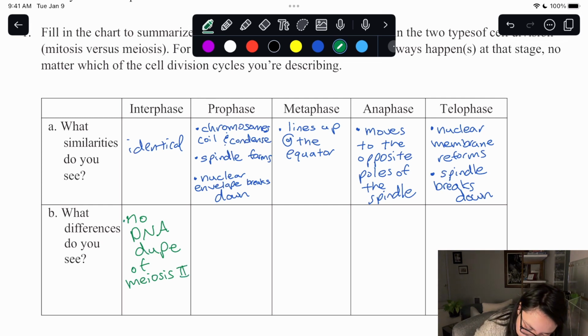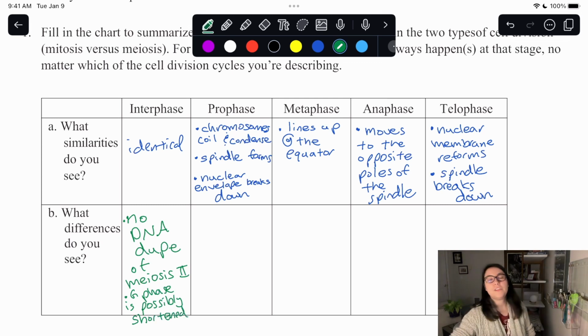Another thing that is a little different is that the G phase is possibly shortened. Because if you remember, you go through G1, then S phase, G2, and then the mitosis phase or M phase. If you do it again a second time, it might be shortened because we don't have to use as much energy.